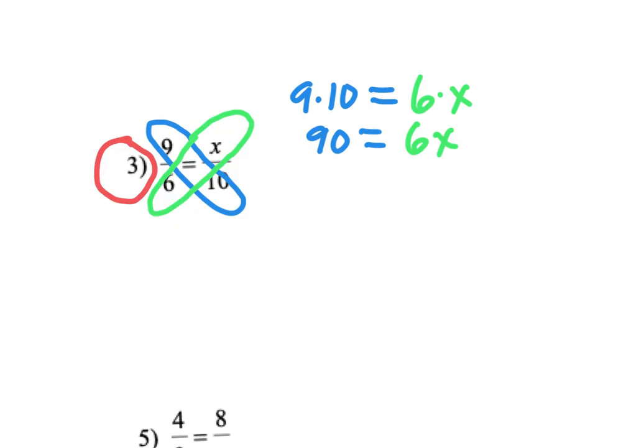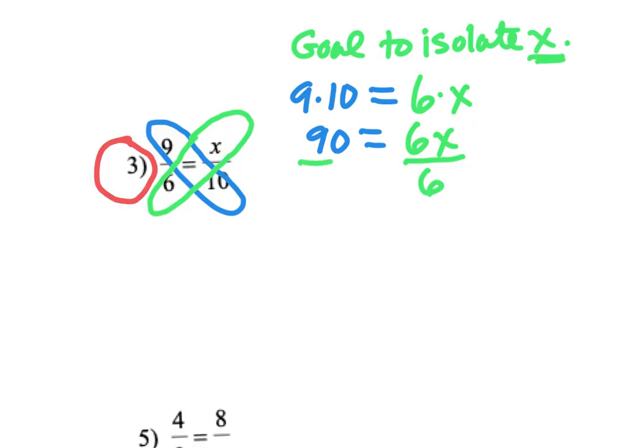But we've just created for ourselves an equation that we know how to solve, right? Our goal is always to isolate x. We want to know what x equals all by itself. And we know that 6x is the same thing as 6 times x, so we can use one of our property of equalities, the division property of equality.